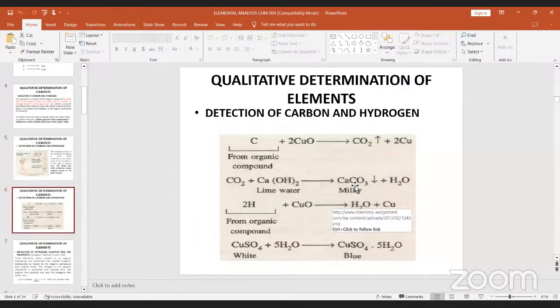By estimating this, we'll be able to know the amount of carbon dioxide that you have. Then for the hydrogen, with the same copper(II) oxide, it is converted to water. And in the presence of copper sulfate, it assumes the blue color, which shows that it has absorbed the water.